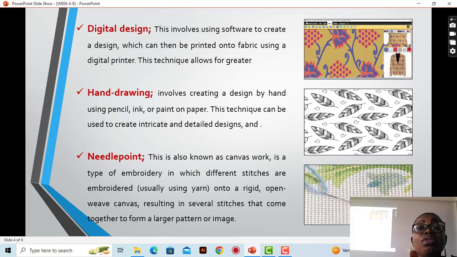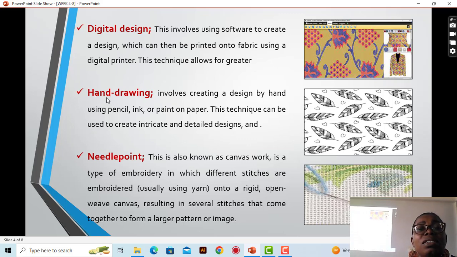So the machine is going to print your design for you, following the commands you have given it and the colors you have introduced on your work on the computer. It's just like the way you connect your computer to your printer. Whatever you have on the computer is what the printer will print for you in colors. Do you understand? Yes, it's the same way that it works for fabric also.